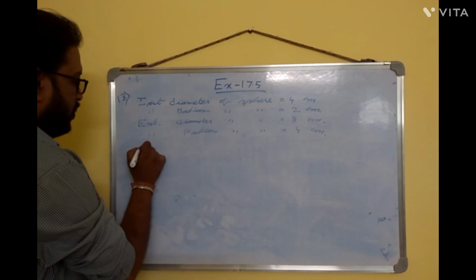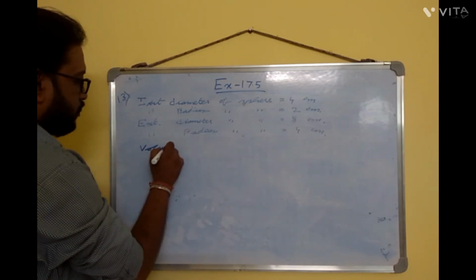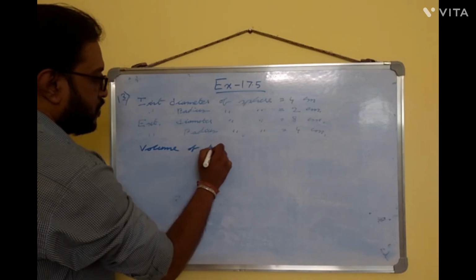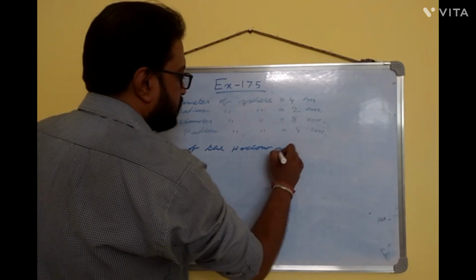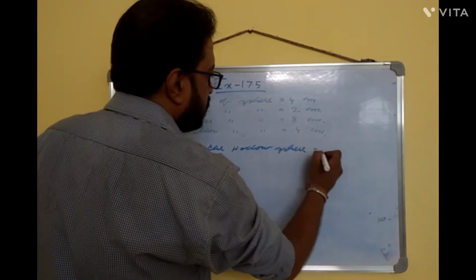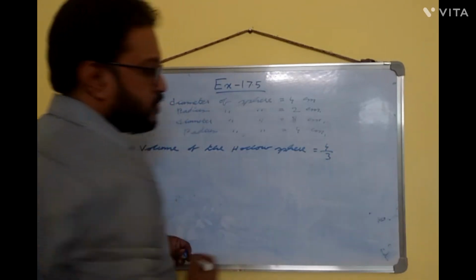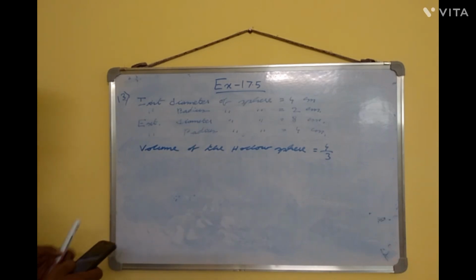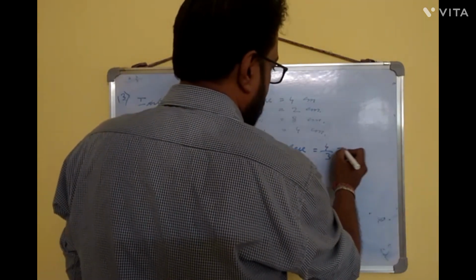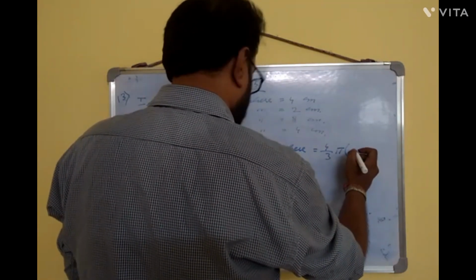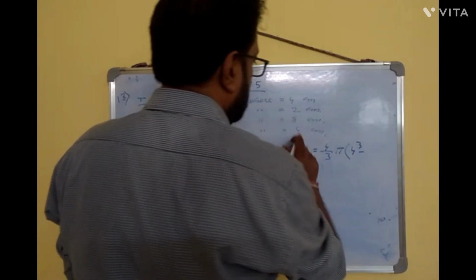So volume of the hollow sphere is equal to 4/3, then what? External radius cube minus the internal. So it will be 4/3 pi, 4 cube minus 2 cube.